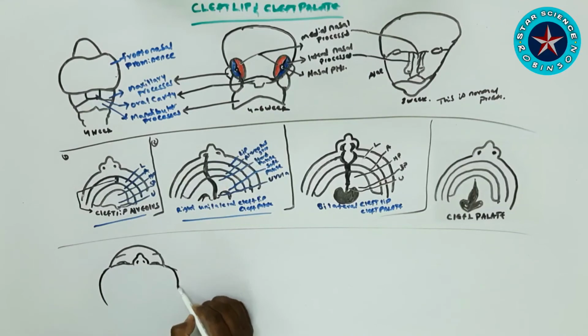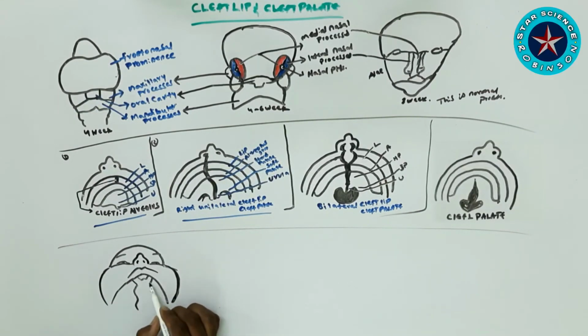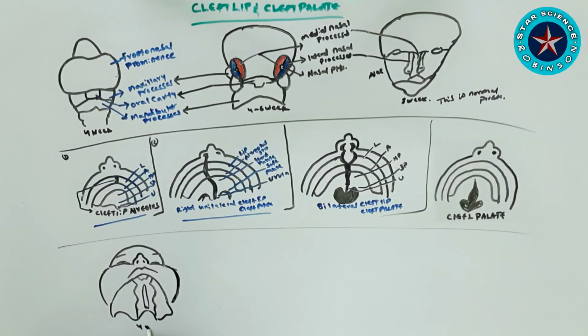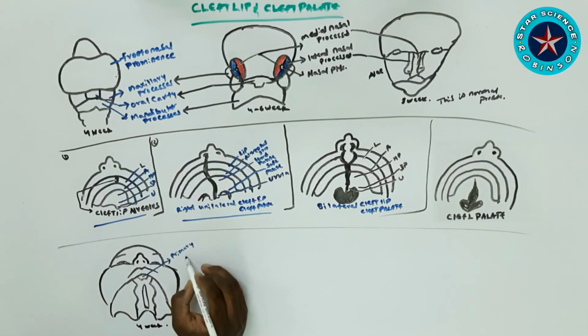There is a primary palate and nasal septum and, at the same time, the secondary palate shelves. If they are not formed together, then it will lead to cleft palate.